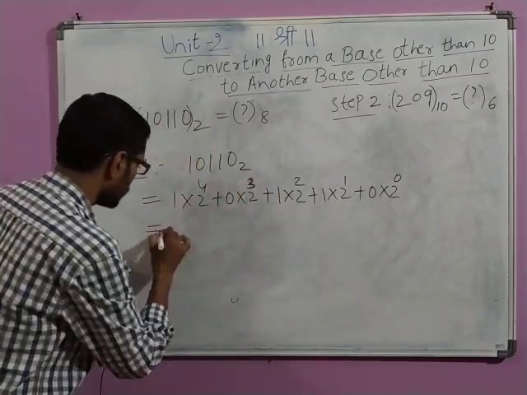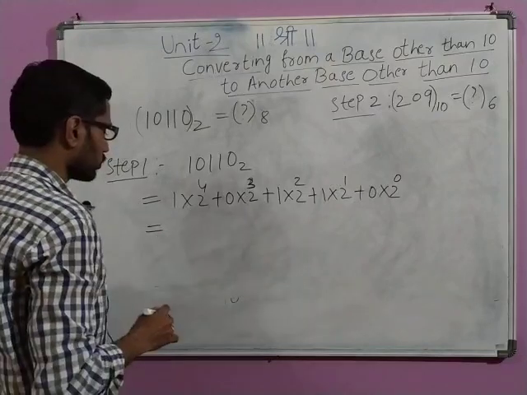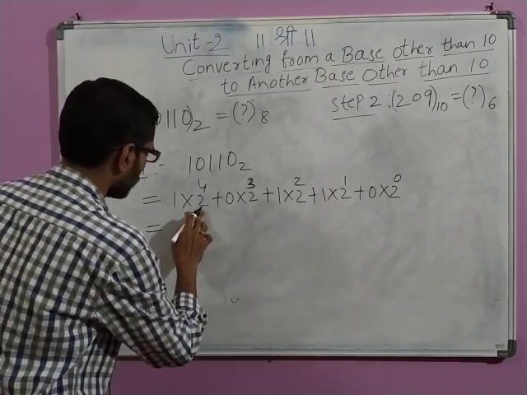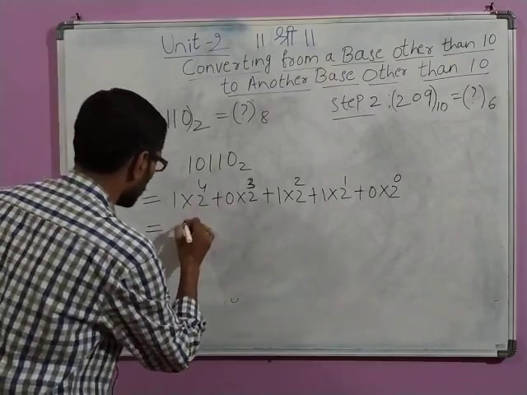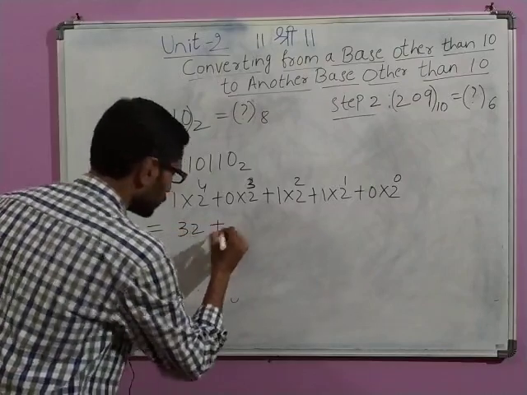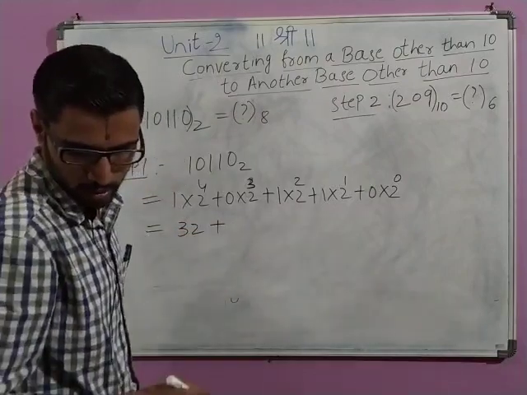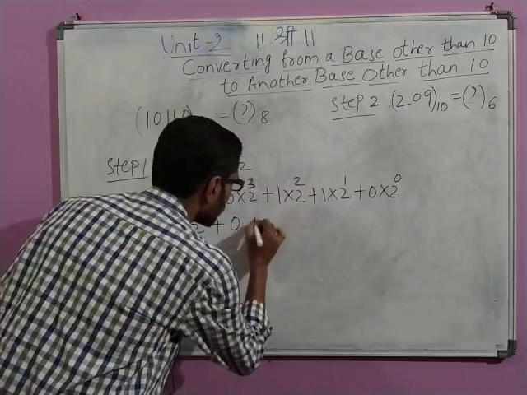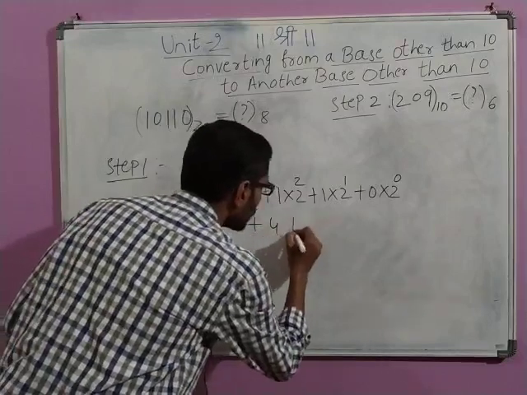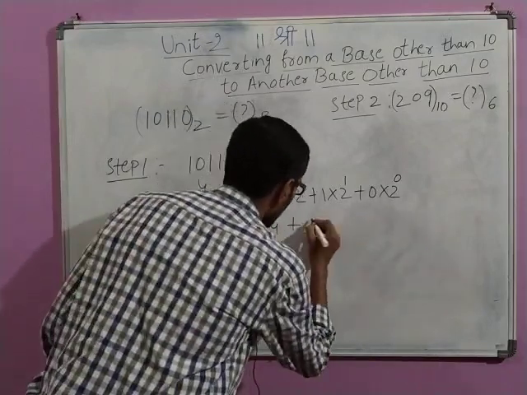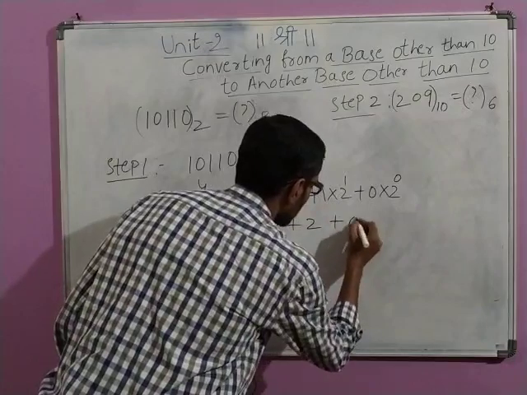Now 2 raised to 4 is 16, 32. So this will be 32, plus 0, plus 2 raised to 2 is 4, plus this will be 2 and this will be 0.